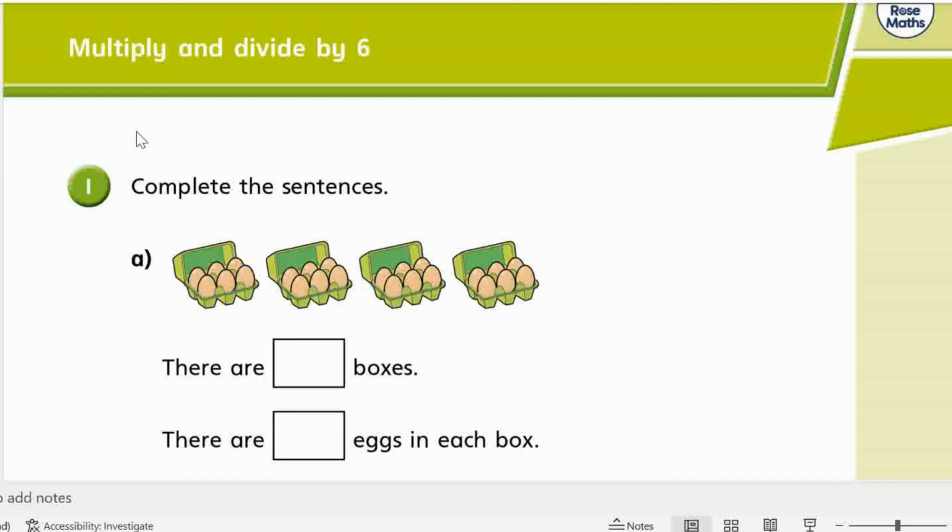And this time we're looking at multiplying and dividing by 6. As a quick reminder, let's just do the 3 times table because it helps us a bit. So what's 1 times 3?